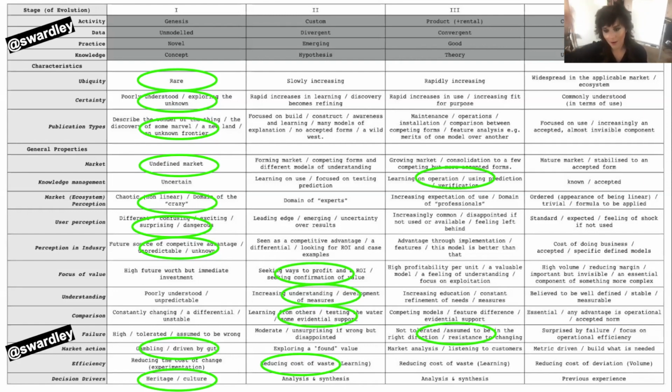That's why I'm waving my arm around. You can have components that are all different sorts of things, right? There could be activities, there could be data, there could be practices, like individual practices, there could be just knowledge that people have to know or that a system has to contain. You can adapt these categories for all of those things.